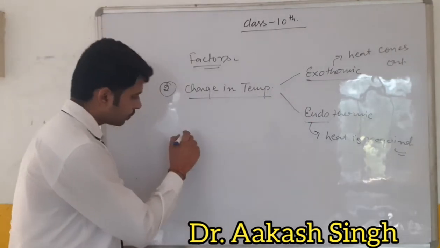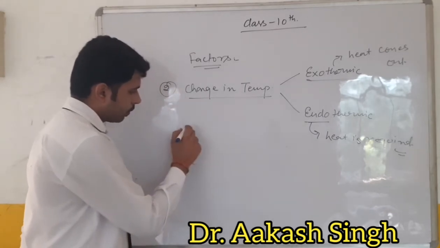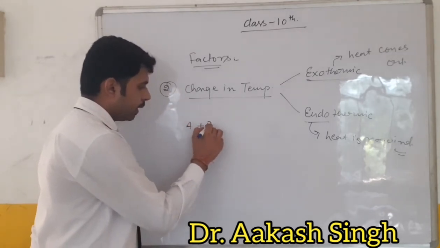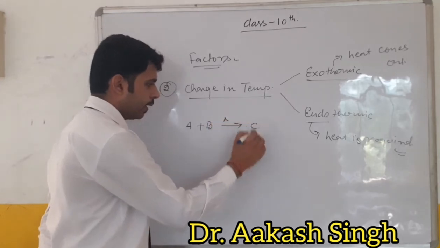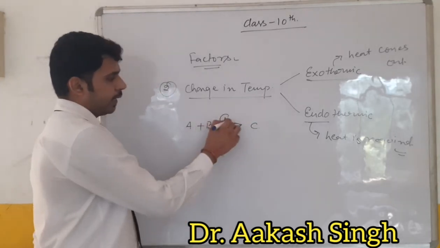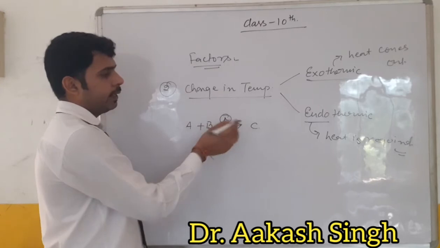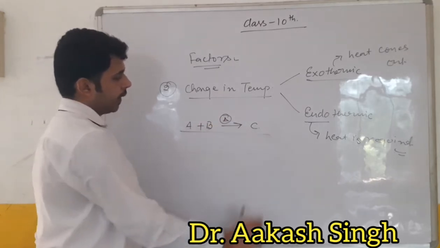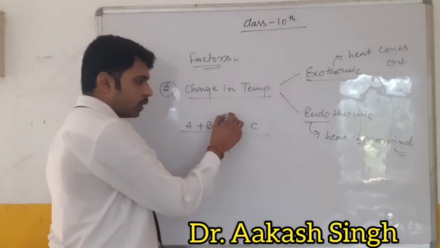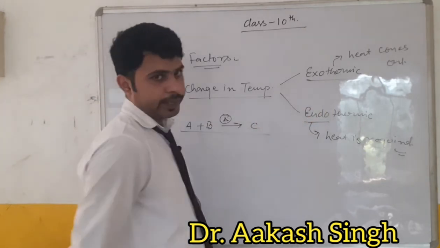Like if we write A plus B in presence of heat gives C, then this delta sign denotes that heat is required for the completion of reaction. Now, this is an example of endothermic reaction.